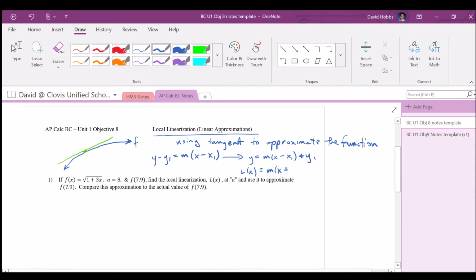Literally, that's all you're doing to get the linearization or the local linear. It's the tangent line. That's really all it is.